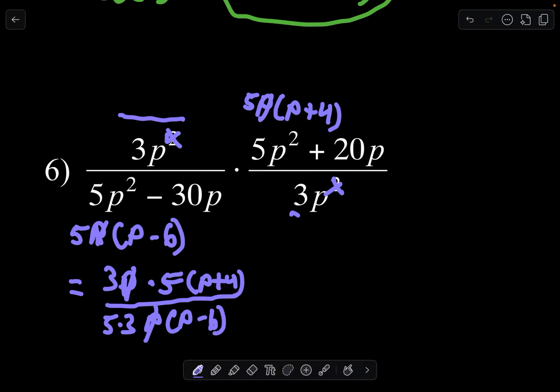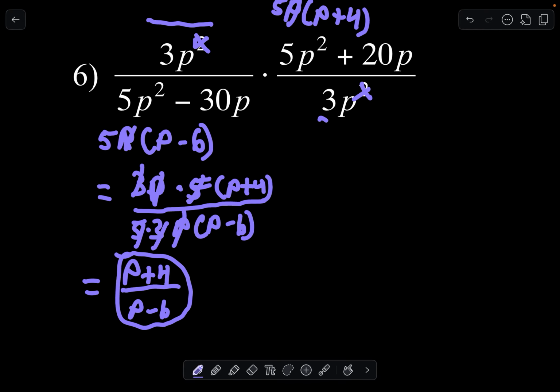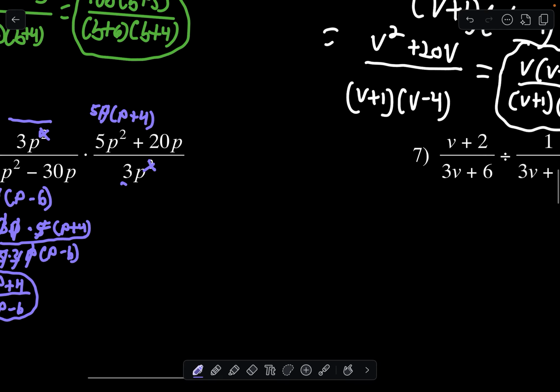All right? The p's divide out. The 3's divide out. The 5's divide out. And it looks like we are left with p plus 4 over p minus 6. And that is the product of those two fractions.